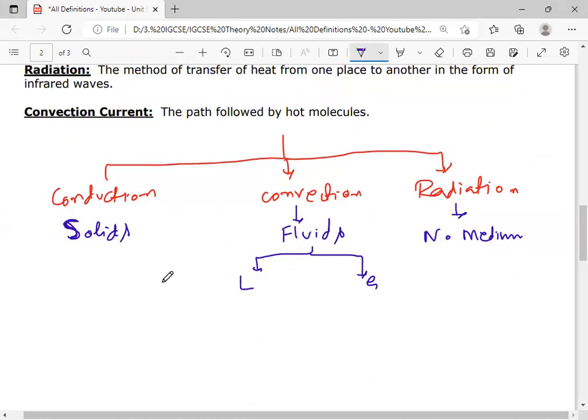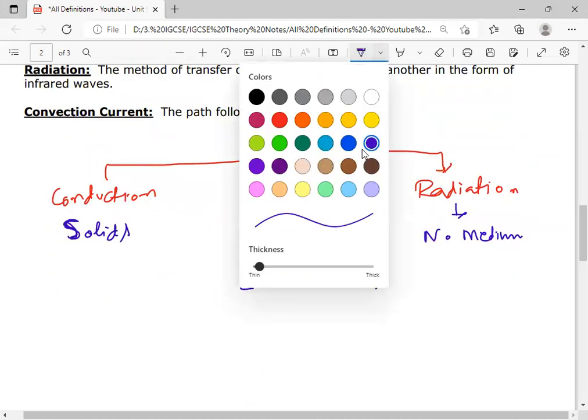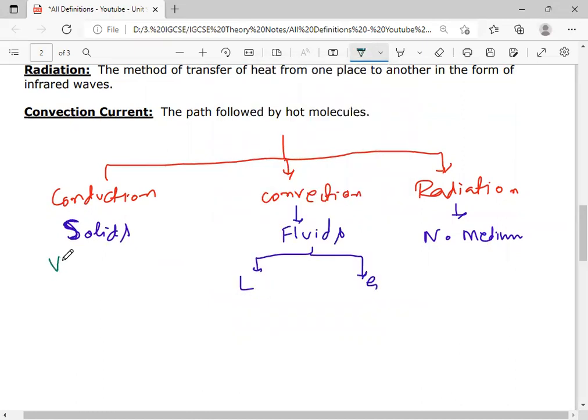In solid, heat flows from one place to another place due to the vibrations and collisions of atoms and molecules along with electrons.